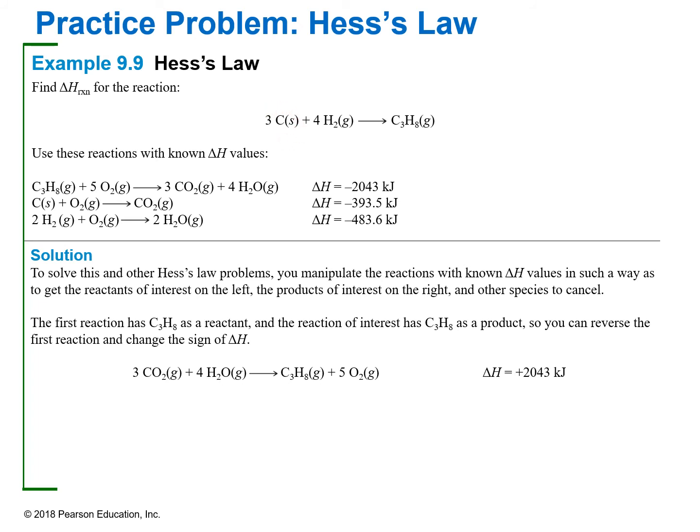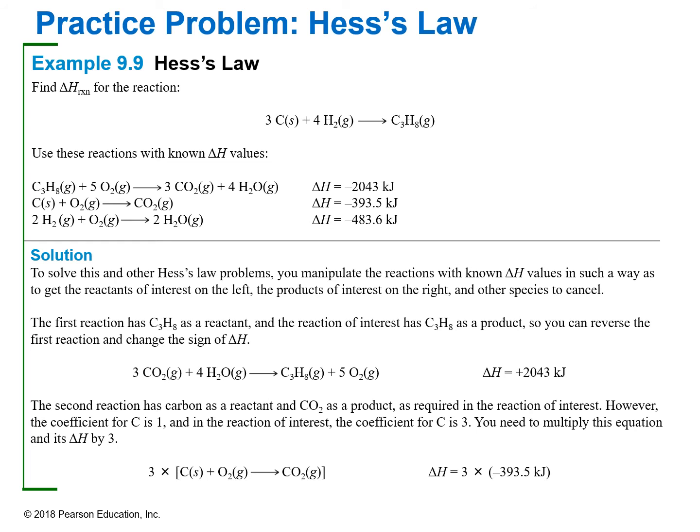So what we're going to have to do with this reaction is multiply it by 3. If we multiply everything in this reaction by 3, what are we going to have to do with delta H? We have to multiply it by 3 too. So we take our reaction, multiply it by 3, multiply our delta H by 3 as well.